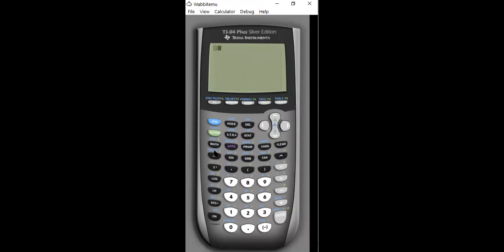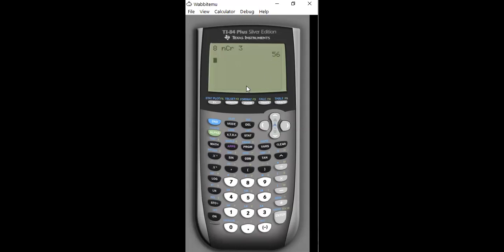Then you go to Math, then to PRB. Do you see nCr here? That is the combination of n take r. You press enter, then you put in a 3, then press enter again.